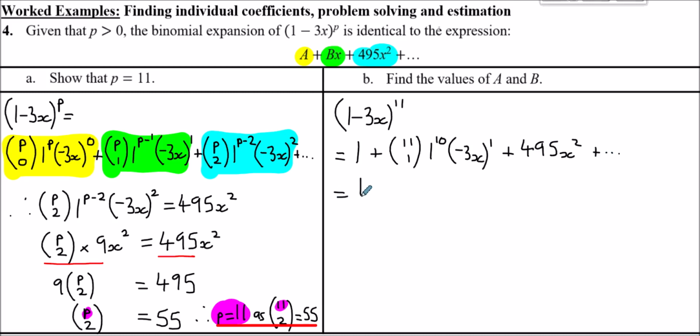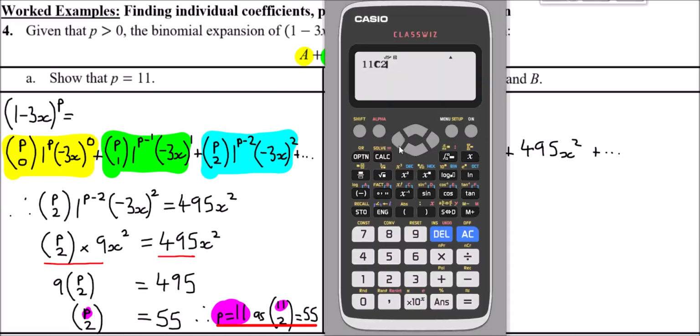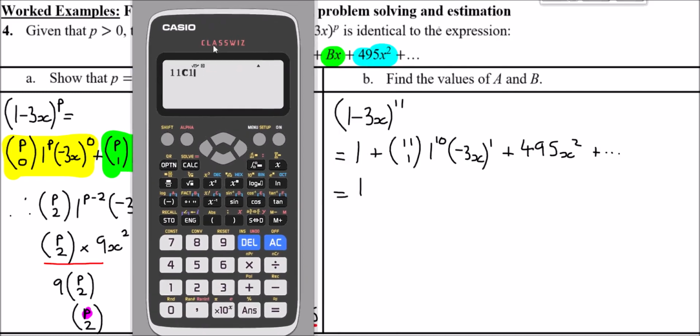So that's going to be 1. 11 choose 1 is going to be 11, but you can always use your calculator to verify that if ever you're unsure. So that's 11 choose 1, then multiplied by minus 3x gives us minus 33x next.